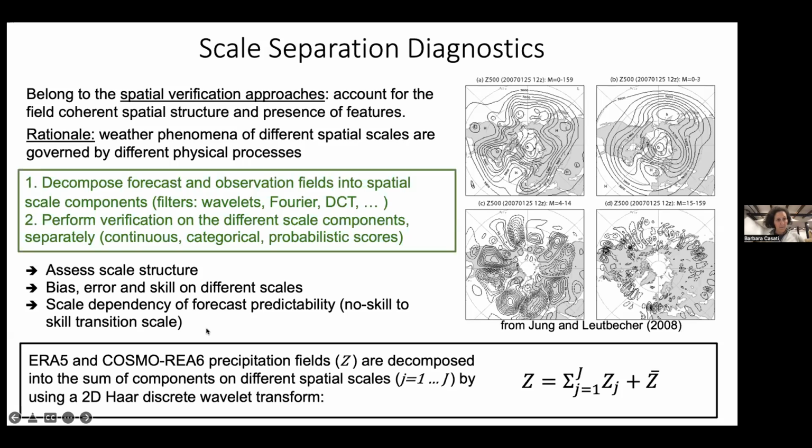So what I do, the ERA5 and COSMO-REA-6 precipitation fields are decomposed into the sum of components on different spatial scales by using a 2D discrete wavelet transform. And I've decided not to show too many wavelets in this talk, but I have extra material if people are interested. So think about each wavelet component as essentially a field characterized by a different scale, which I denote with J.